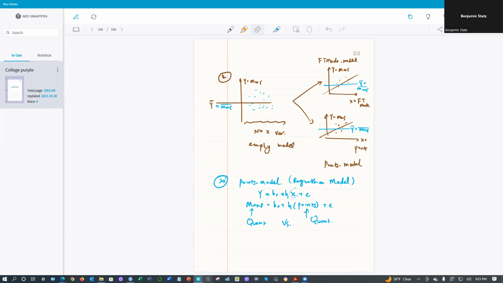But if you go to the other model, it's called the points 24 groups model. On that one, how do you write this one? y equals b0 plus b1 x1 plus b2 x2 plus dot dot dot b23 x23.